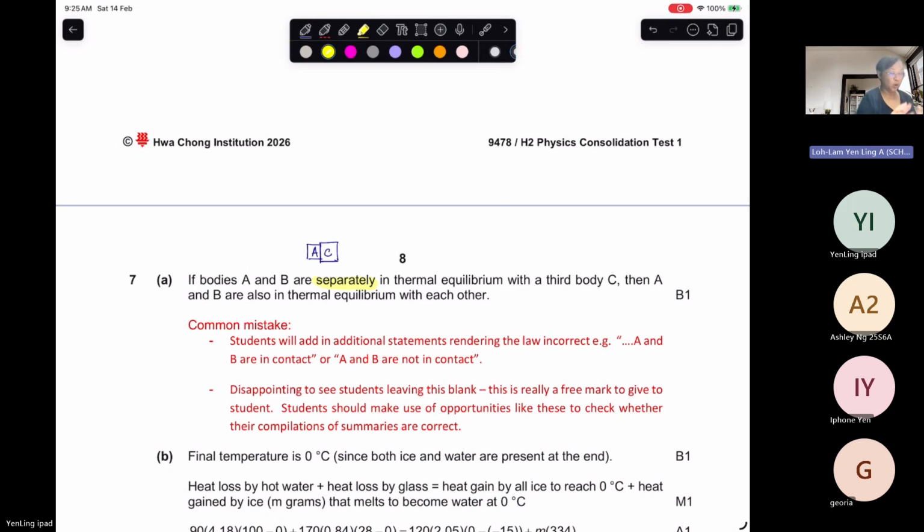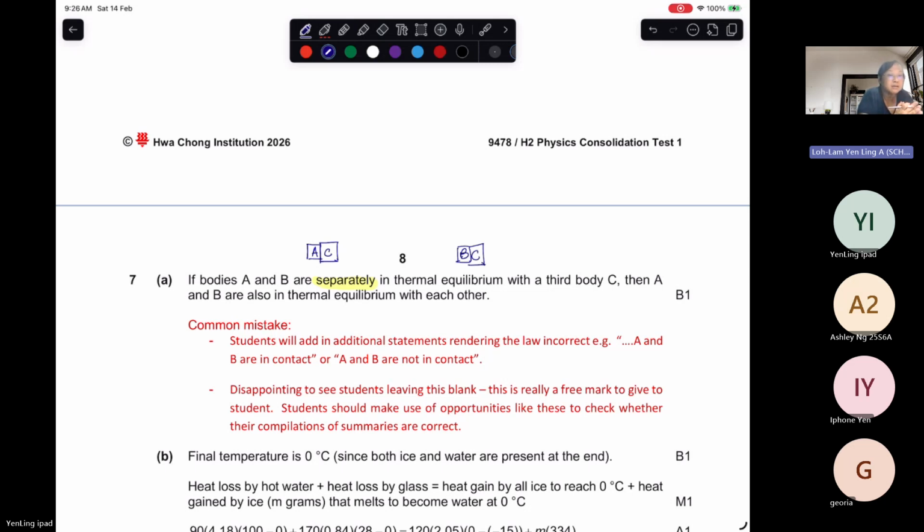All right, so no, it's A is separately in thermal equilibrium with body C, and then B is also separately in thermal equilibrium with body C. Then we can say that A and B are in thermal equilibrium with each other. Now, the key word is thermal contact, not just contact.